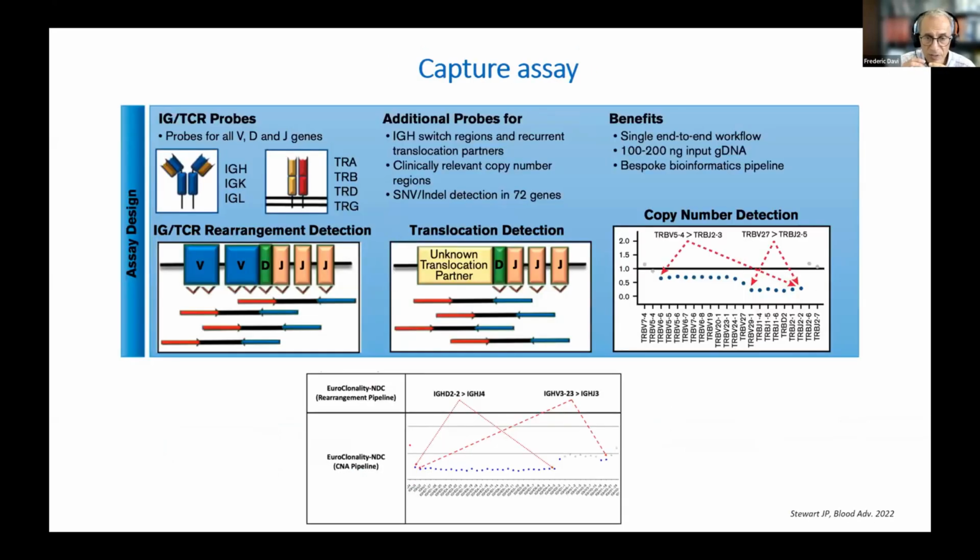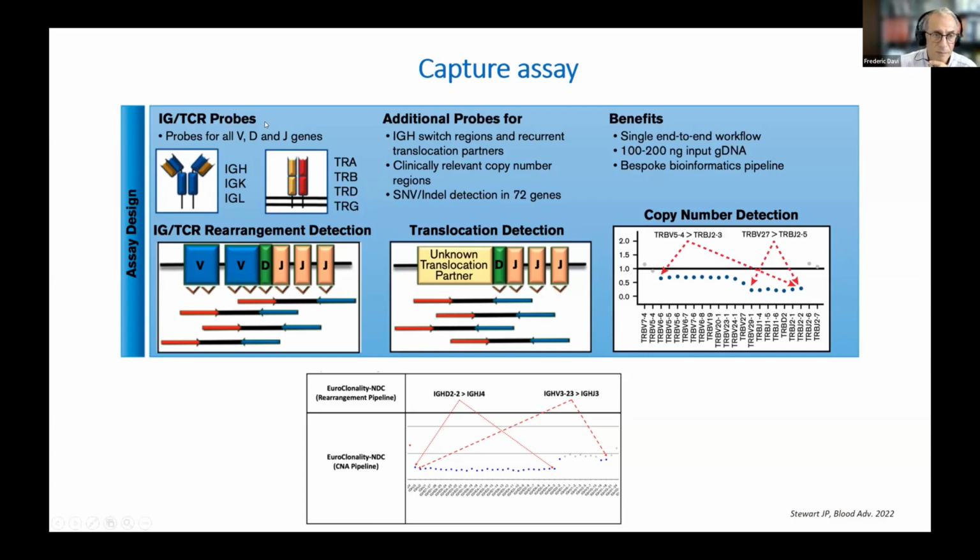Now, I will go briefly through another workshop where we can use a different type of assay. Everything that I've shown you so far is amplicon-based, but one of the groups decided to use capture. The reason is that for tumors you can look at oncogenic variants and immunogenic ones at the same time.